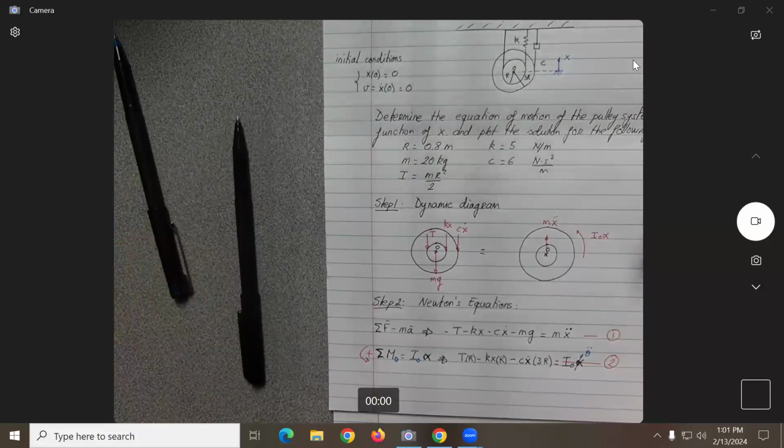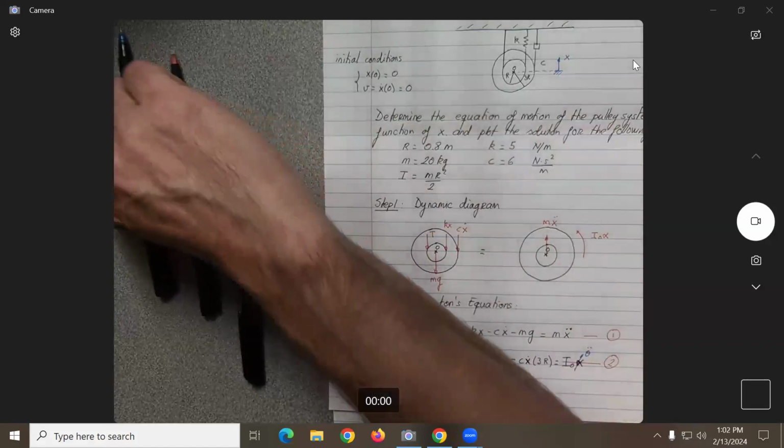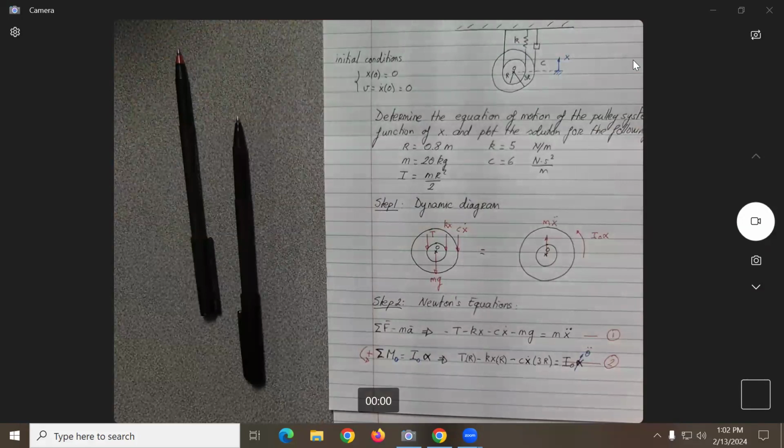Not so much notation, but what is the little mistake that I've made here? Let me know what it is.